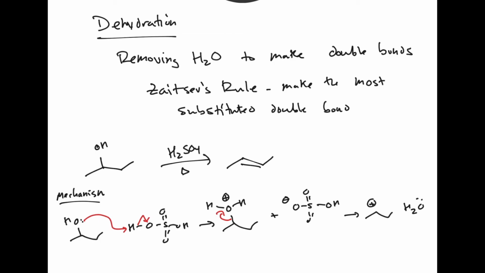And now that water molecule or another molecule of alcohol that we have in the reaction can act as a base to grab a proton and make the double bond.